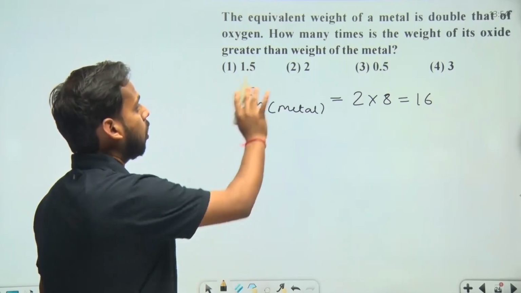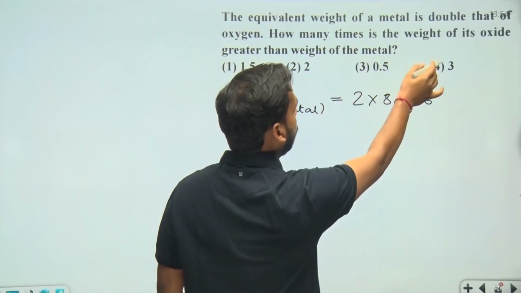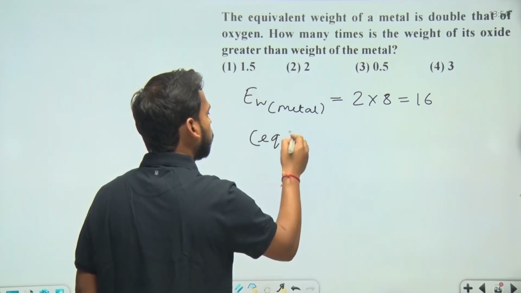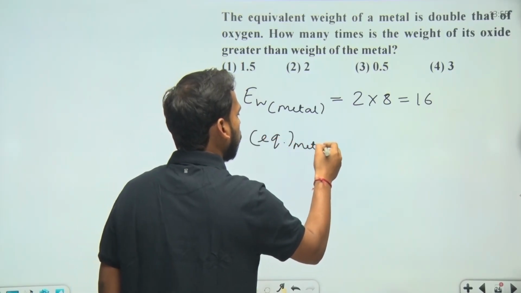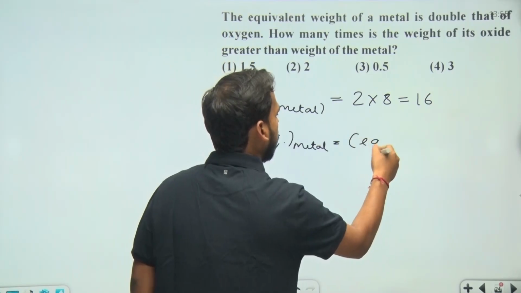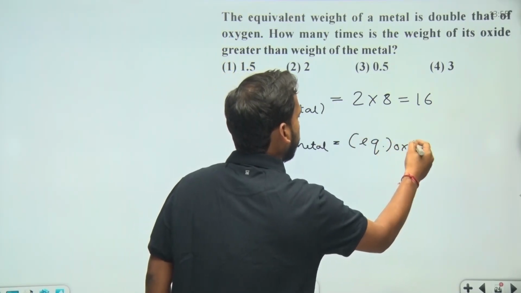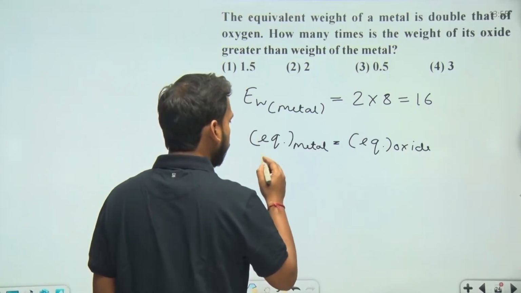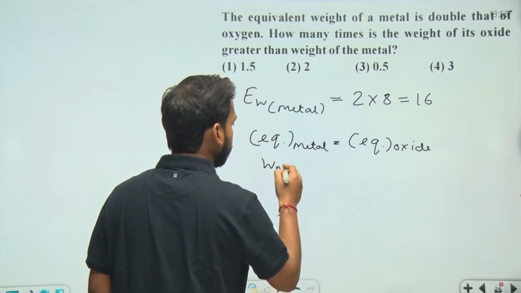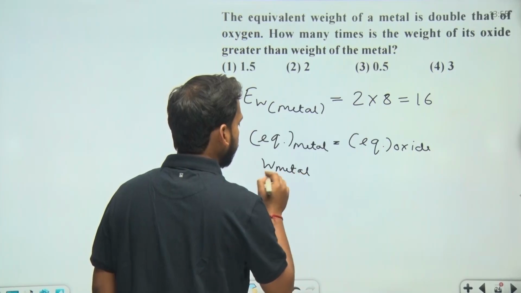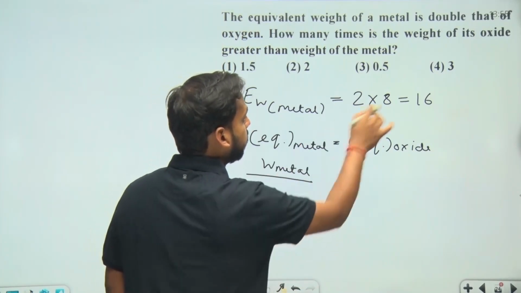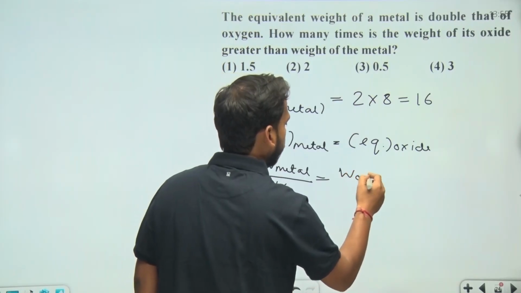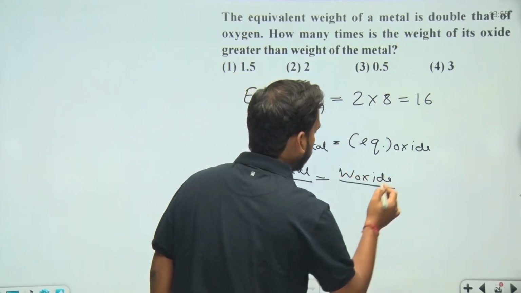Now in this question, the equivalent of metal will be equal to the equivalent of oxide. So it will be the weight of metal divided by the equivalent weight of metal, that is 16, equals the weight of oxide divided by the equivalent weight of oxide.